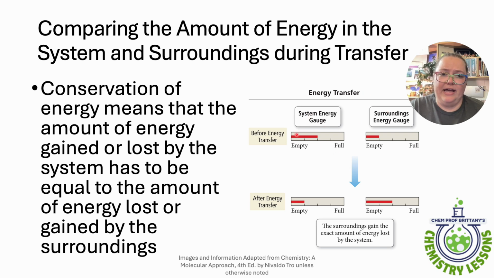I have 1, 2, 3 energy between my system and my surroundings. Then I'm going to transfer energy, and now I have 1, 2, 3 energy after the transfer. The system had more before, the surroundings have more after. Regardless, I still have 3 energy. It's just a question of where is it, what type of energy is it, etc.